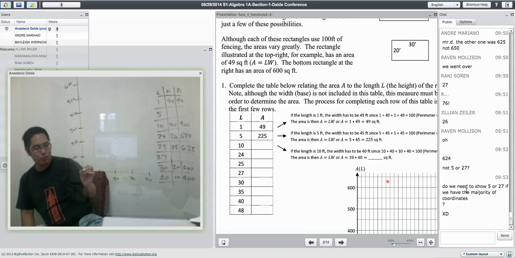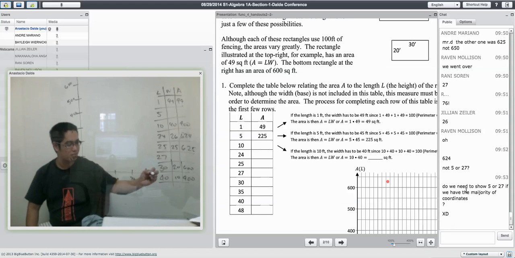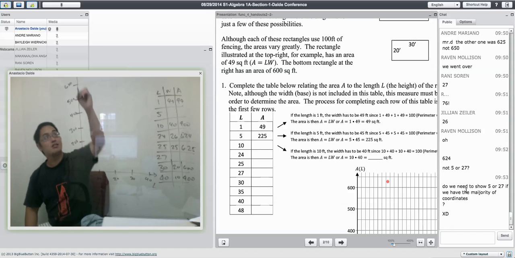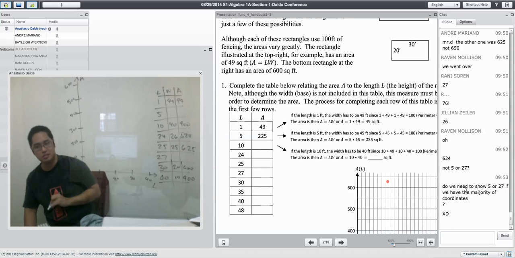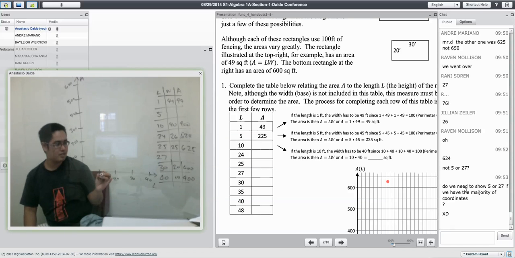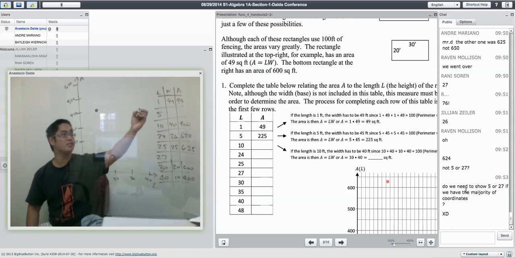At L equals 1, so this is the graph of L, and this is the graph of A. At L equals 10, A equals 400. There's 1 point right there. At L equals 40, it also equals 400.